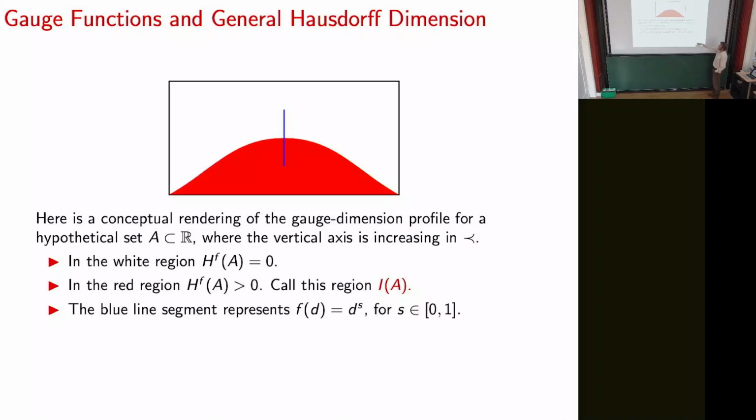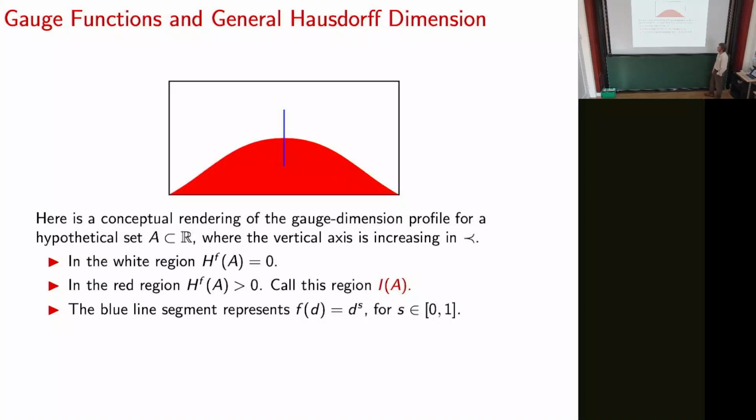And that blue line is sort of the parameterized line of the power functions. So this is some sort of conceptual rendering of the gauge profile of a set that has some kind of Hausdorff, it's not null for the Hausdorff measures.